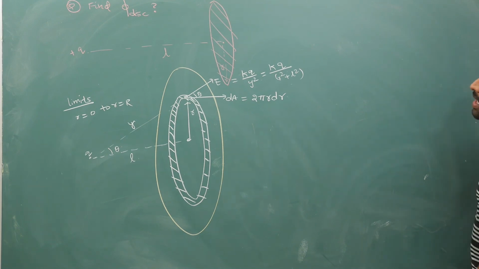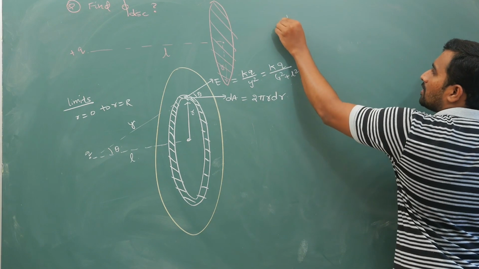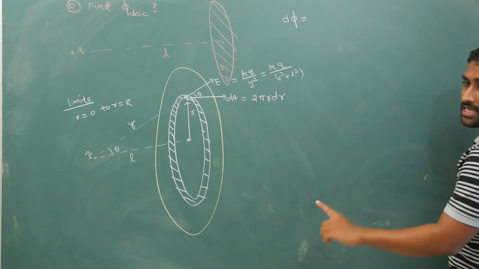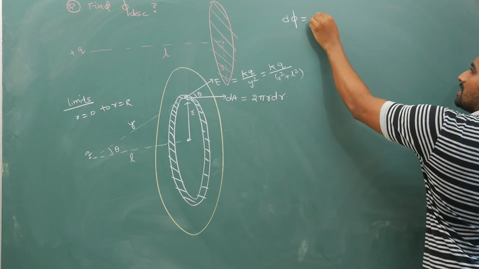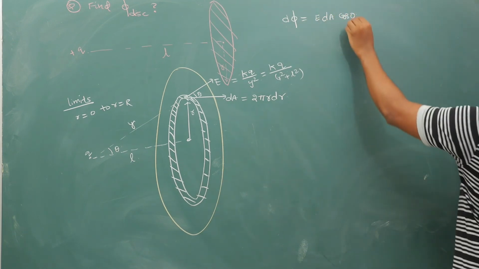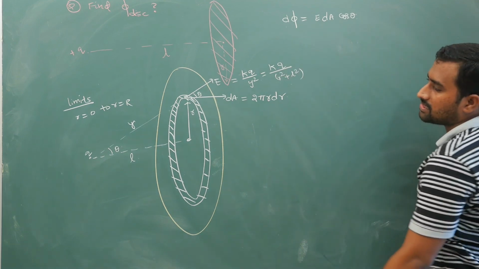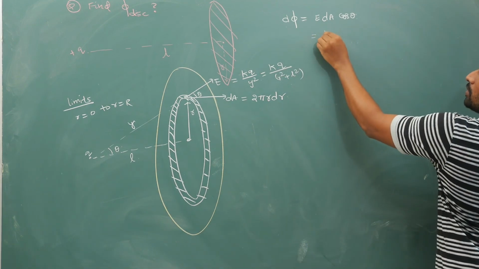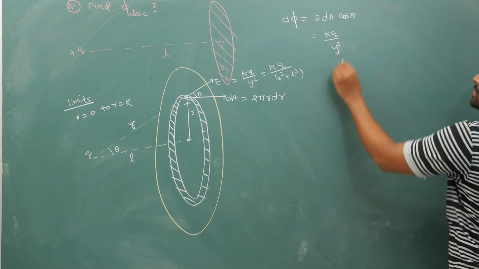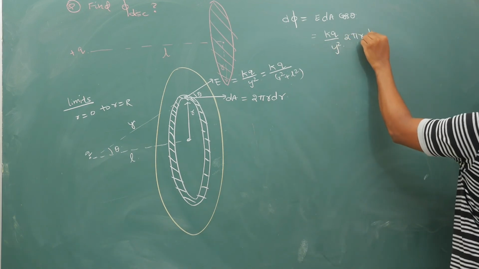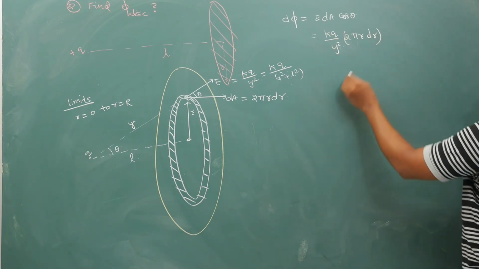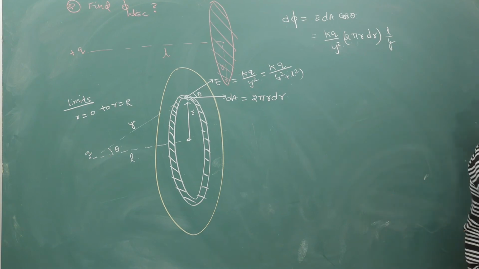Now what is your flux? Your small flux d phi is E bar dot dA bar, that is E dA cos of the angle between these two, which is theta. What is cos theta? Adjacent side by hypotenuse. So E is kq by y square, times the area 2 pi r dr, times cos theta, which is L by y.